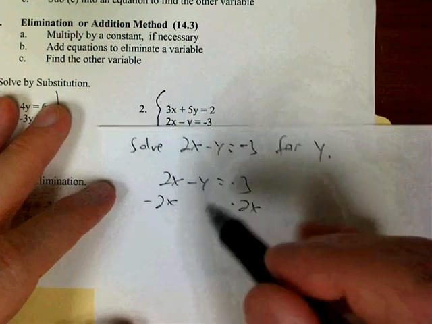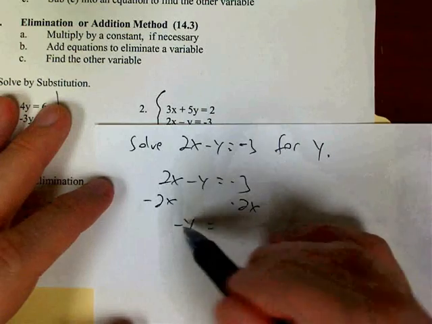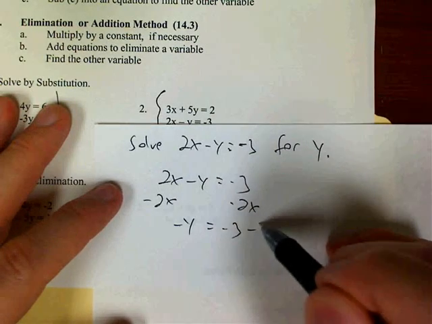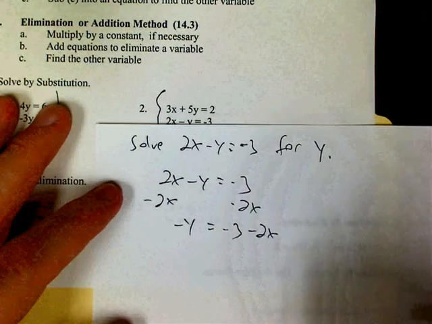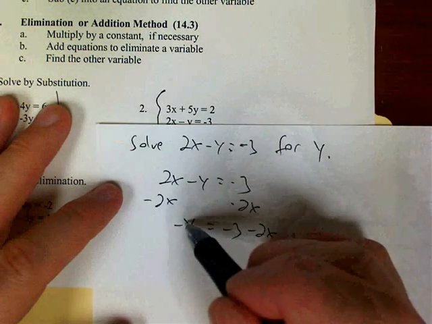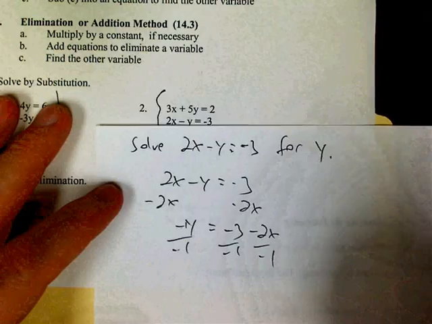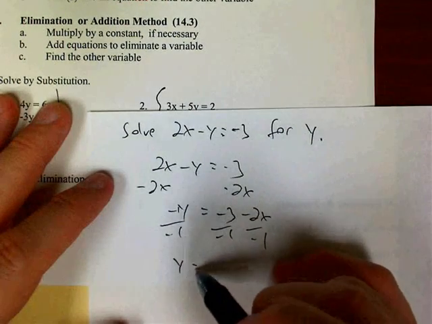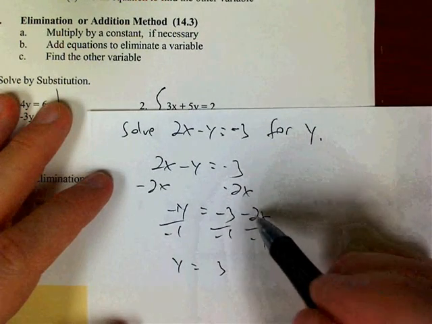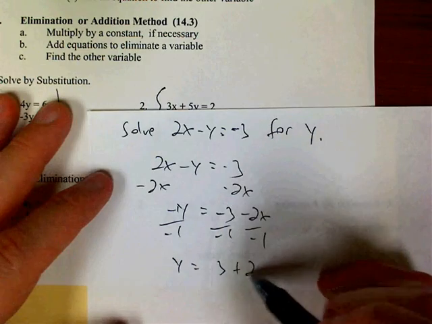We're going to bring down the negative y, don't lose that minus sign, equals negative 3 minus 2x. Doesn't matter how you write, which order you write it in. You can think of that as a negative 1, so I'm going to divide each individual one by negative 1. We get positive y equals positive 3, a negative divided by negative is a positive 2x.